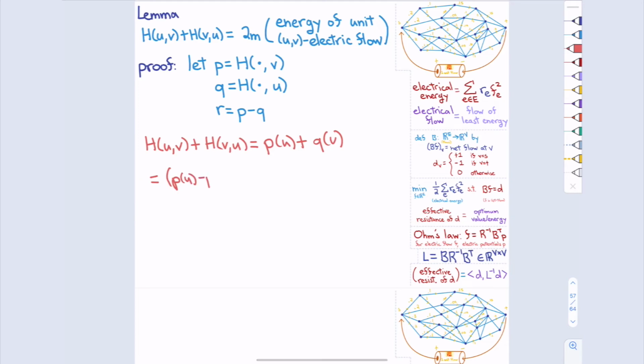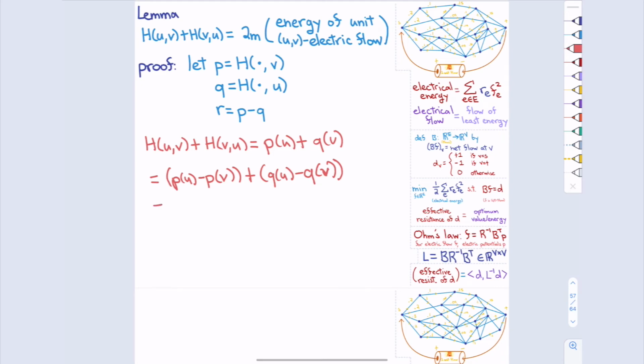Since these are equal to 0, I can subtract them. Those were equal to 0 because the hitting time from V to V is 0. Hitting time from U to U is 0.